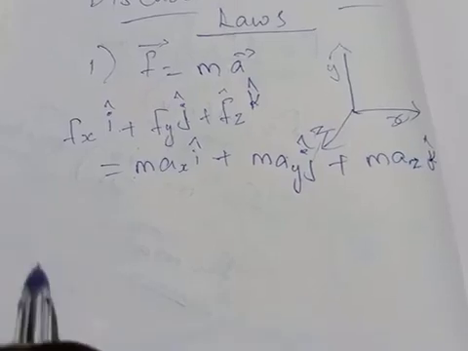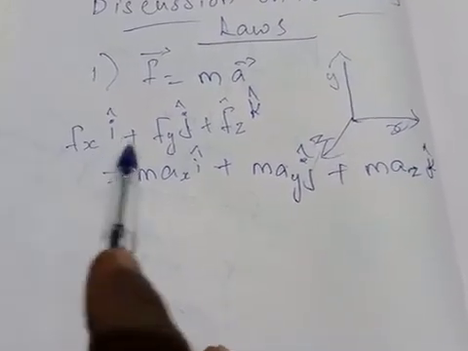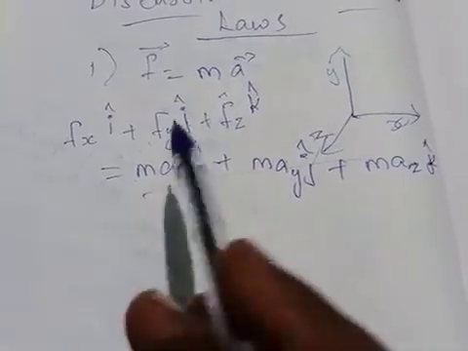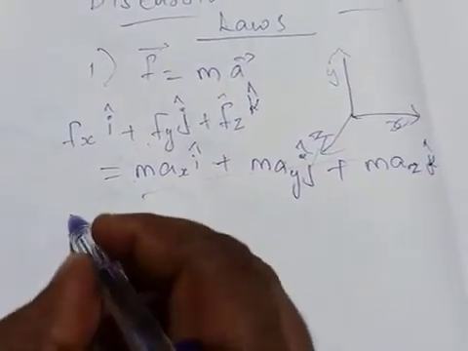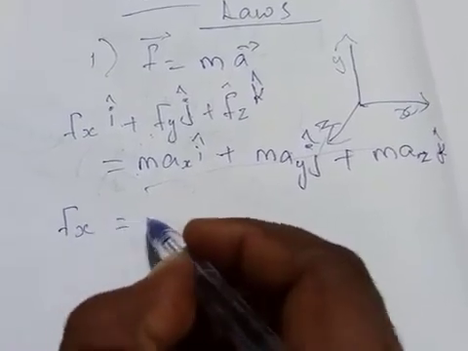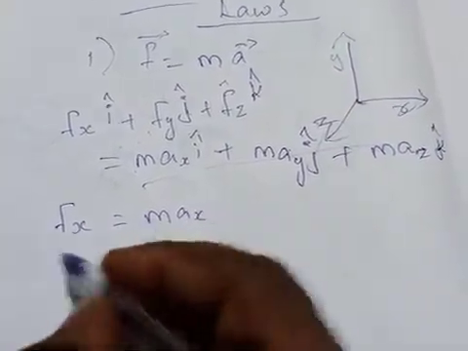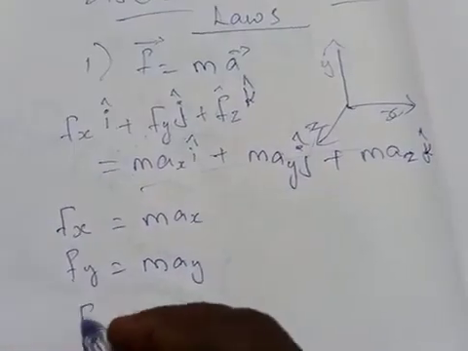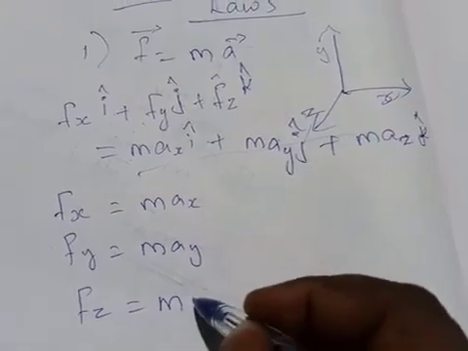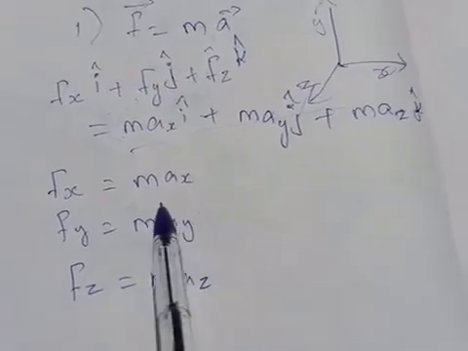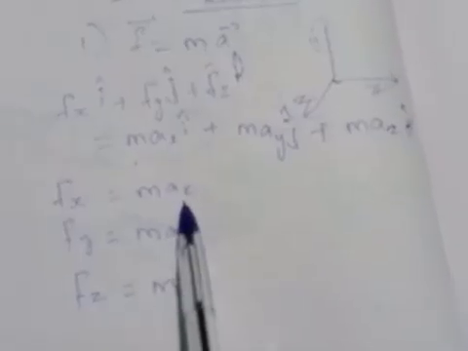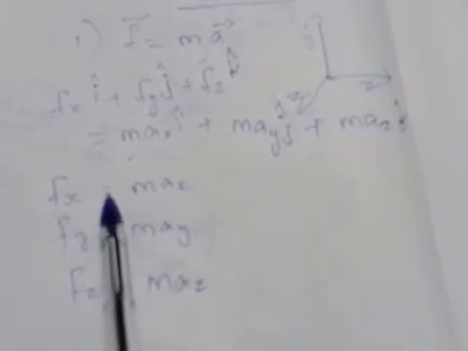If we compare the left side and the right side, we will get the equations Fx equal to m ax, Fy equal to m ay, Fz equal to m az. Actually, this means the acceleration along the x direction depends only on the component of force acting along the x direction.